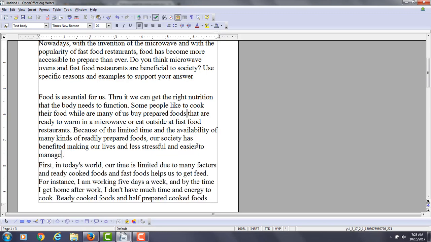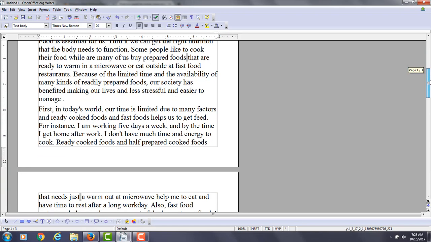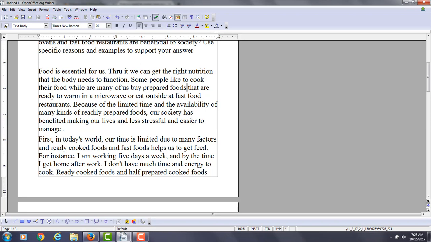Now, if I do it this way, then your first body paragraph focuses on the stress idea, and then the second one focuses on the easier idea. So that small change would help reorganize a little bit of what's going on here.